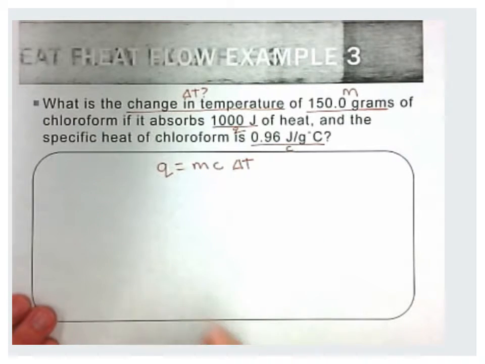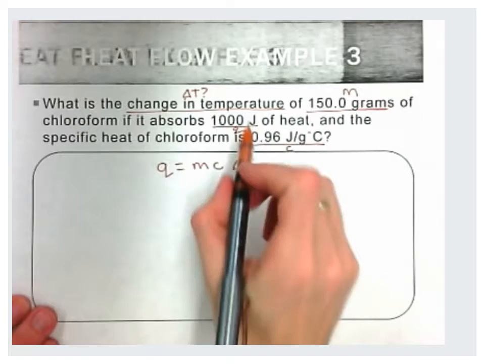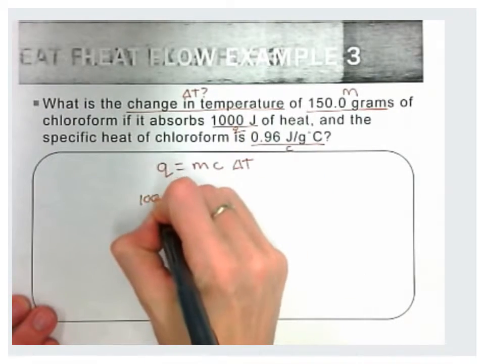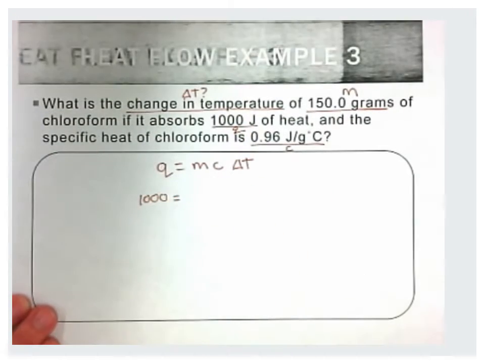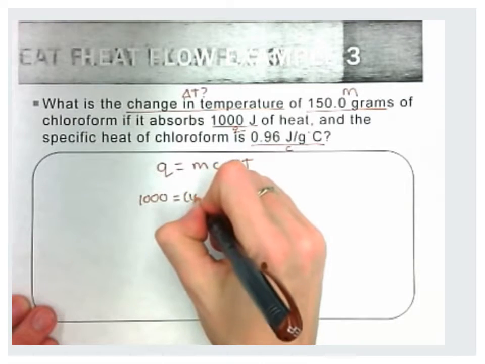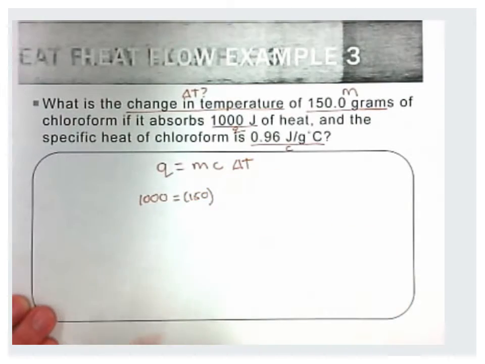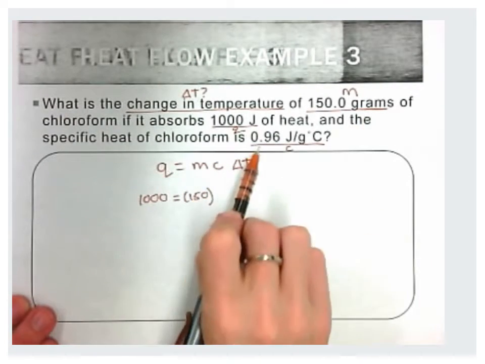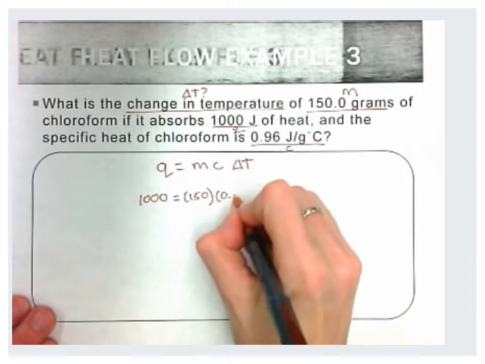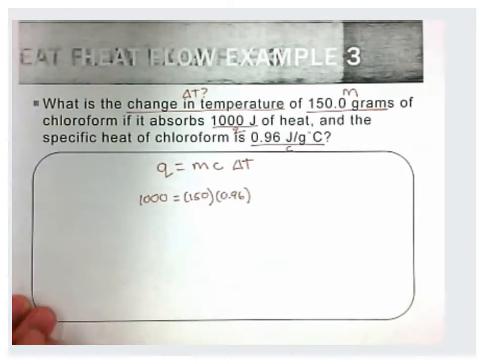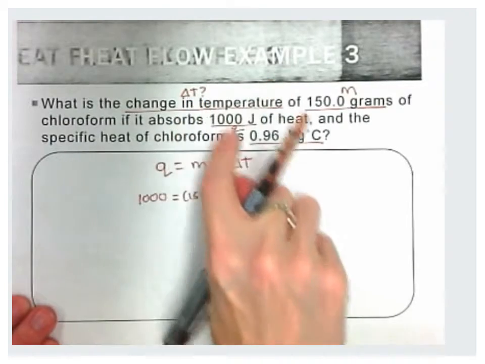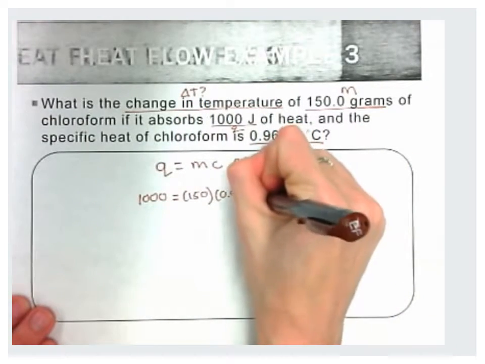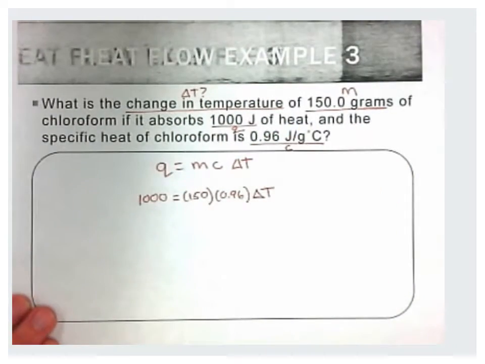I can start plugging these into my formula. Put 1,000 in for Q, 150 in for M, 0.96 in for C, and delta T is what I'm looking for, so I'm just going to leave the variable there for now.